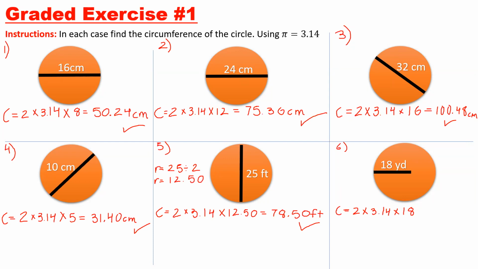Okay. How many persons got that? Very good. And so when you multiply it, what do you have? 2 times 3.14 times 18 is going to be 113.04.